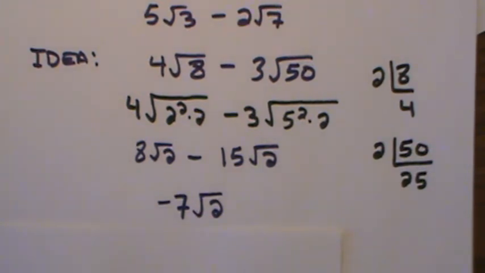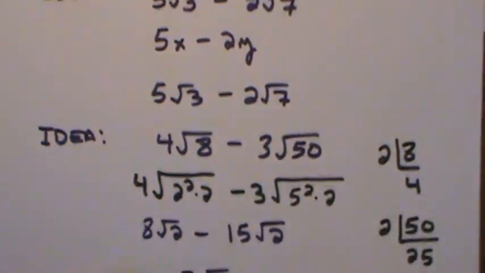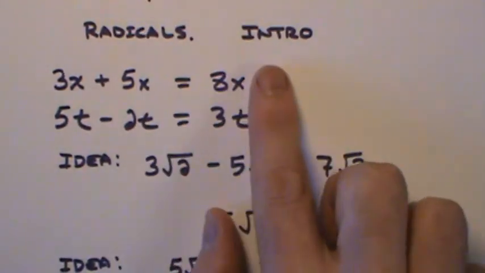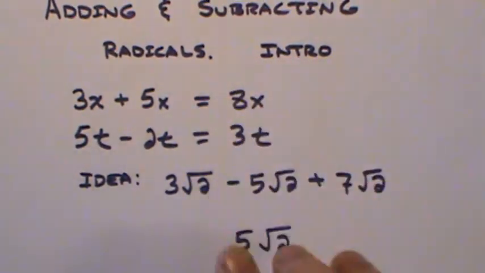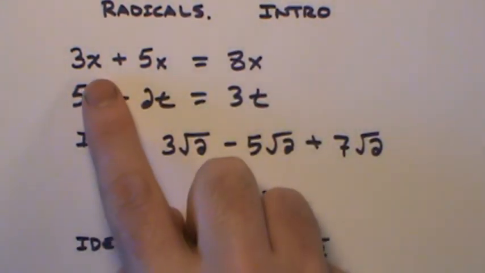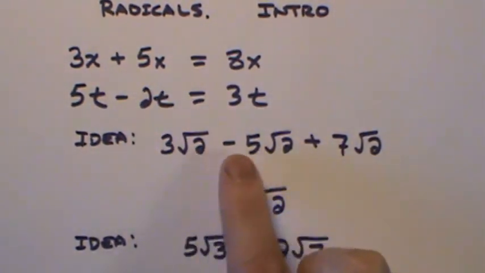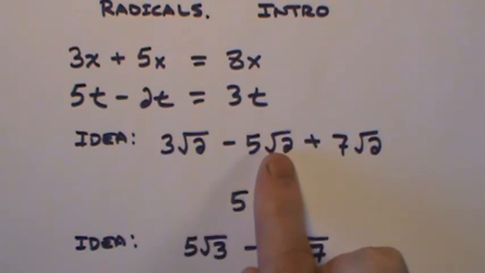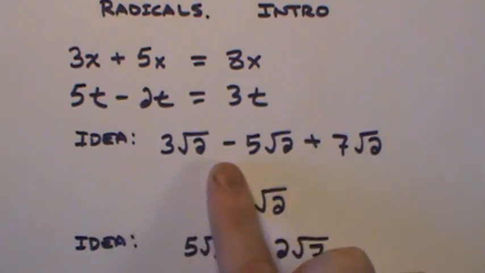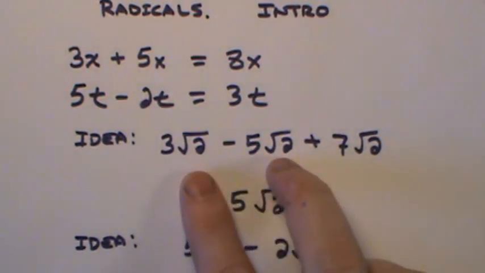Next I'd like to do a bunch of examples explaining how to do the addition and subtraction of radicals. This was just an introduction where we're looking at the variables and the radicals are very much the same. Oftentimes you'll treat a radical like a variable even though it's a number.